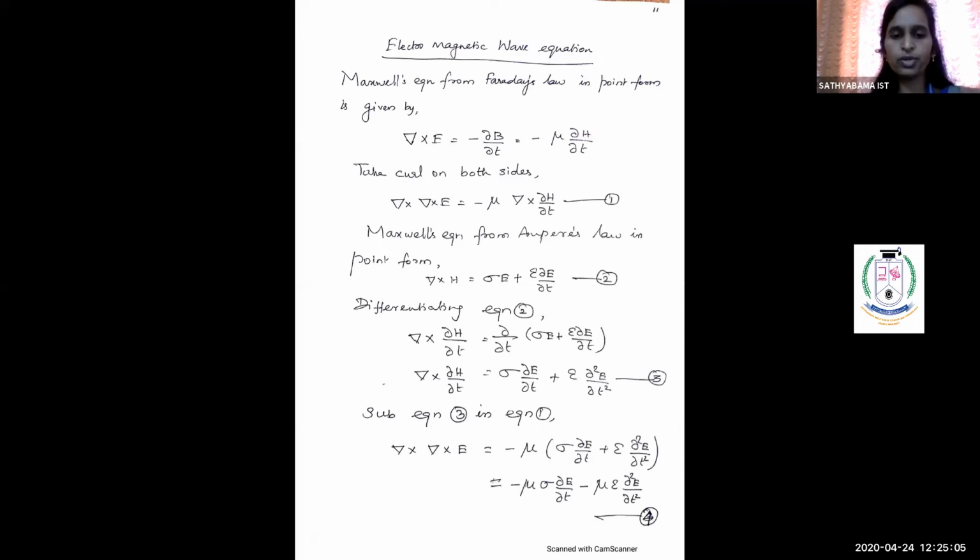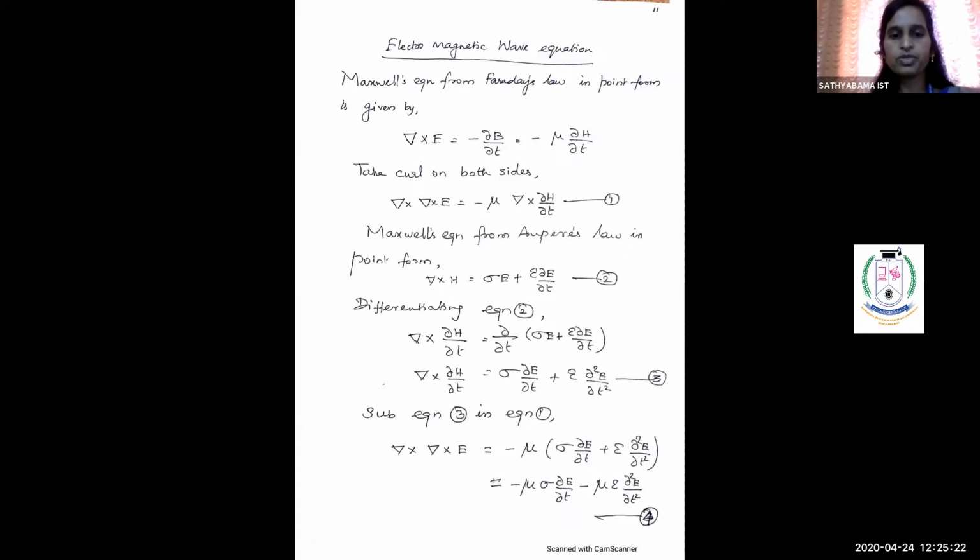Now we have found del cross dou H by dou T. Look at our first equation. In that we have the same term, minus mu into del cross dou H by dou T. In that place, we are going to substitute our equation 3.